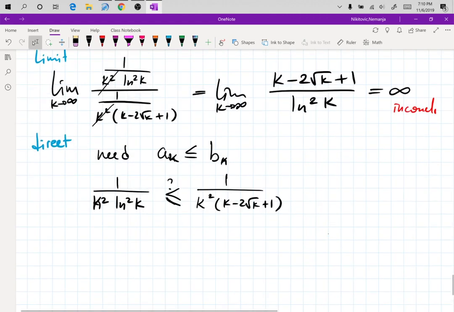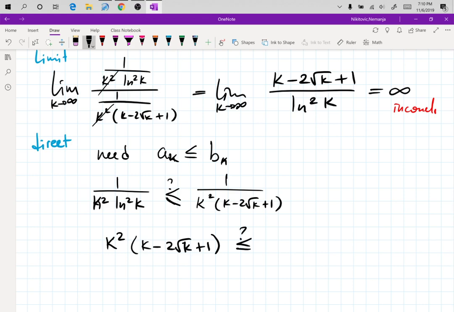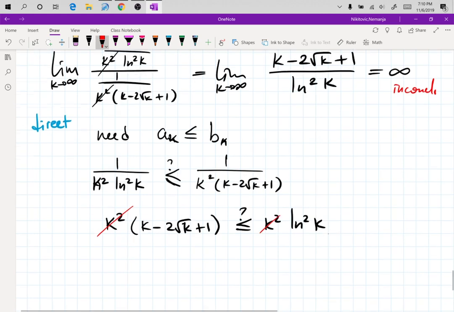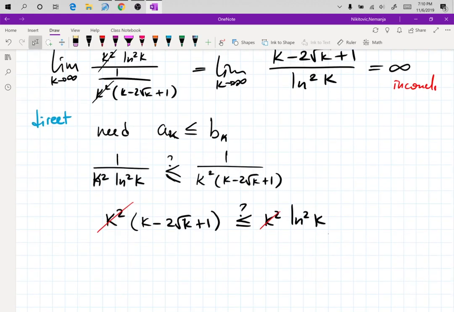So what do we get? Cross multiply: k squared times k minus 2 root k plus 1 needs to be smaller than k squared ln squared k. We are going to cancel k squared, and now we have k minus 2 root k plus 1 needs to be smaller than ln squared k.